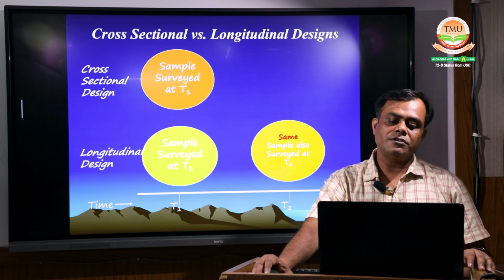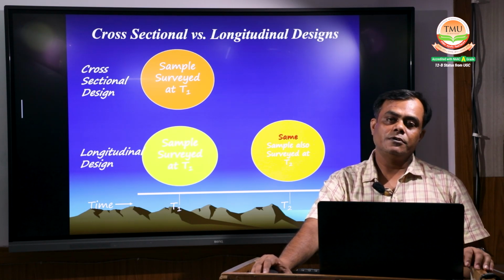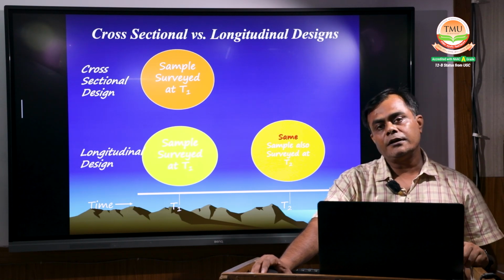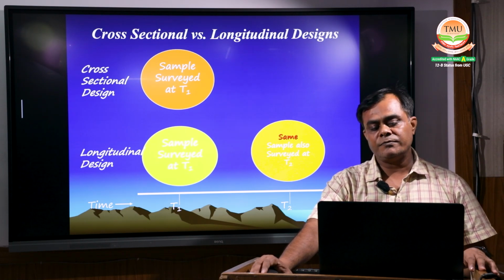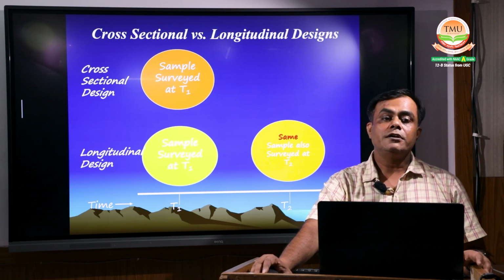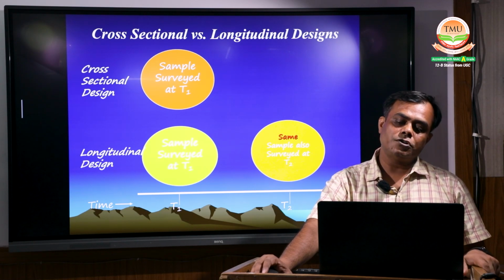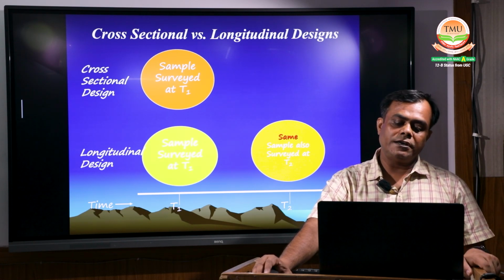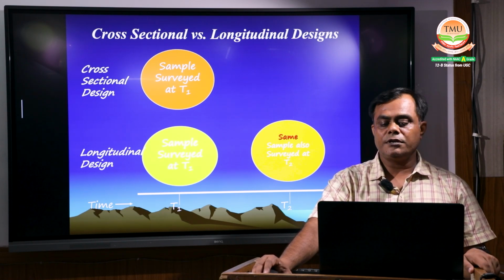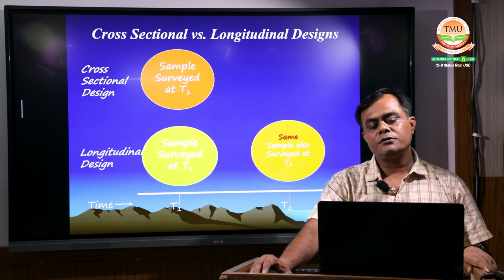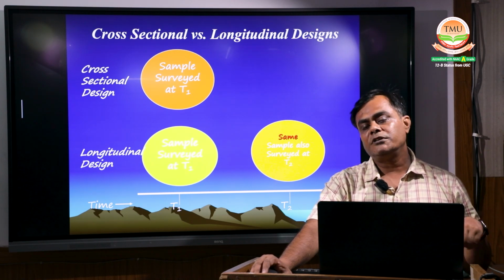There are certain limitations. It is time consuming and expensive: a longitudinal study is a very time-consuming and expensive study and requires significant time and resources to maintain over an extended period. Attrition: there is a risk of participants dropping out over time.